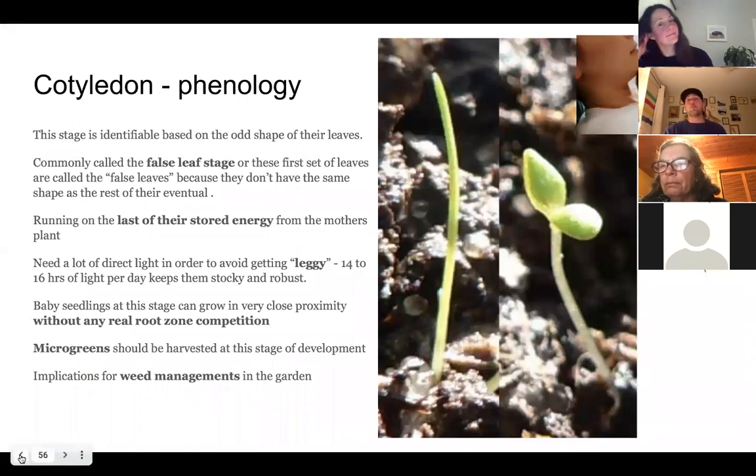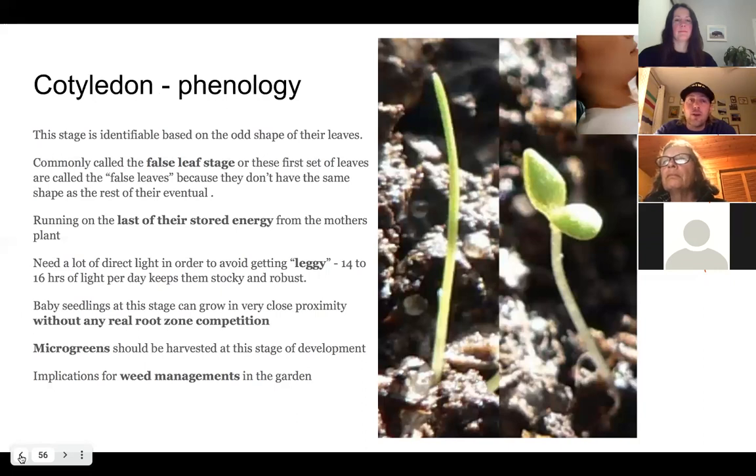Okay, so that pretty much thoroughly covers the seeds. And now we're gonna move on to the next stage of plant growth. Formally, in a scientific way, we would talk about this as the cotyledon stage. But it's very identifiable based on the odd shape of their leaves.